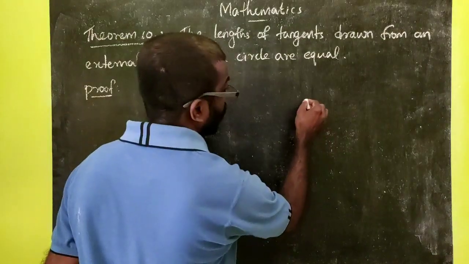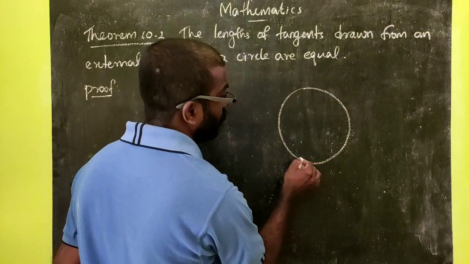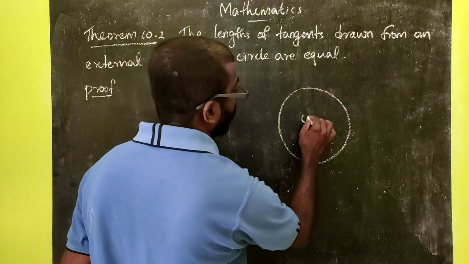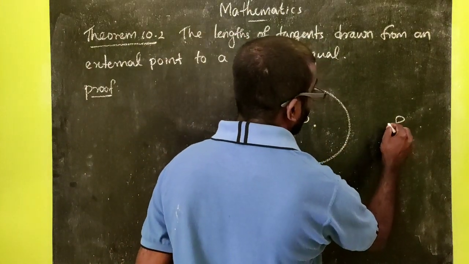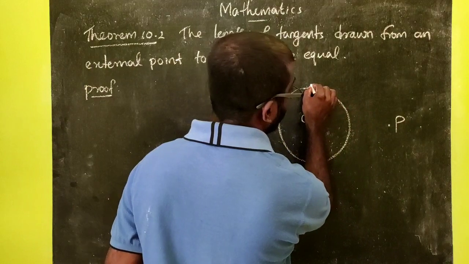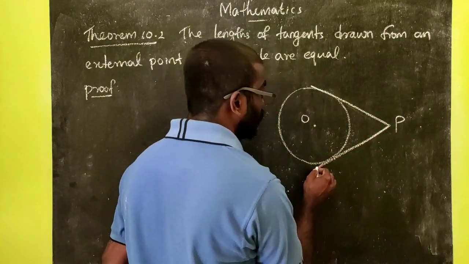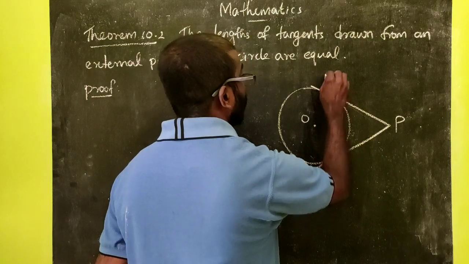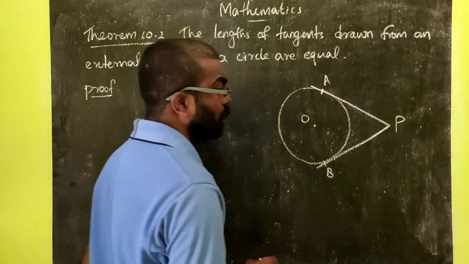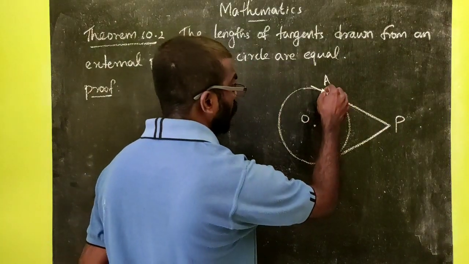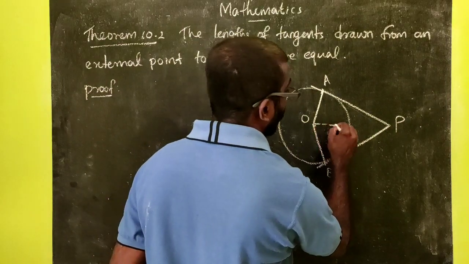First of all, we consider a circle with the center O. Take an external point P, and from this point we can draw two tangents. We can mark them as A and B. Here A and B are points of contact. Now we join OA, OB and OP.